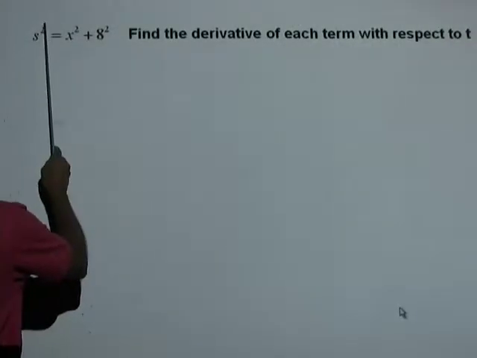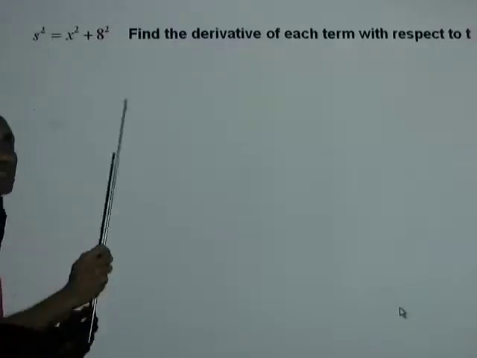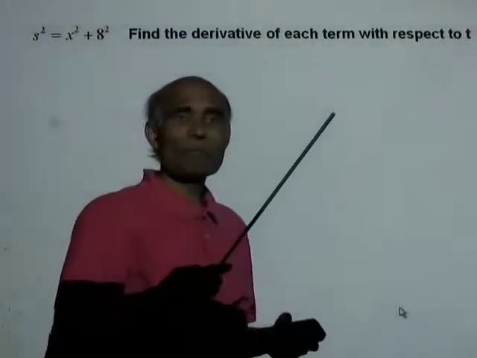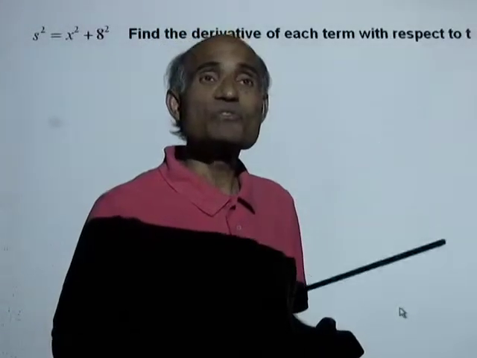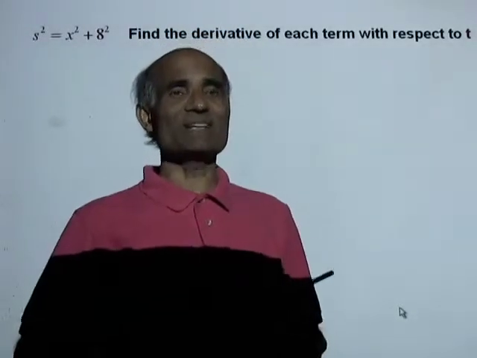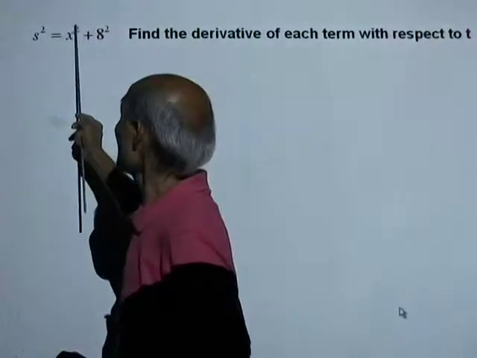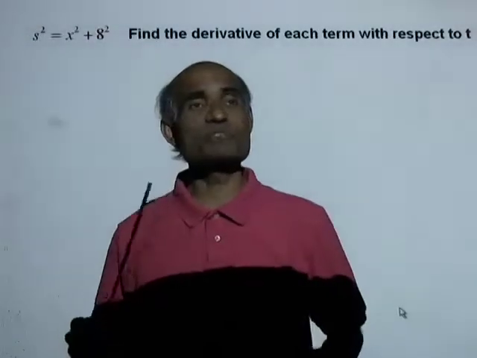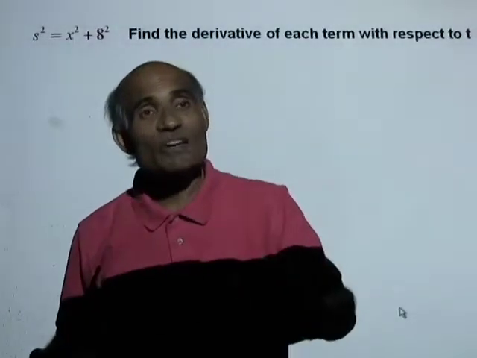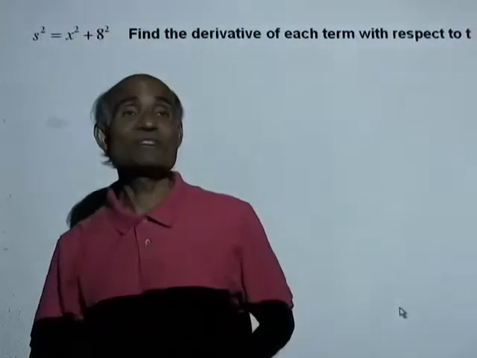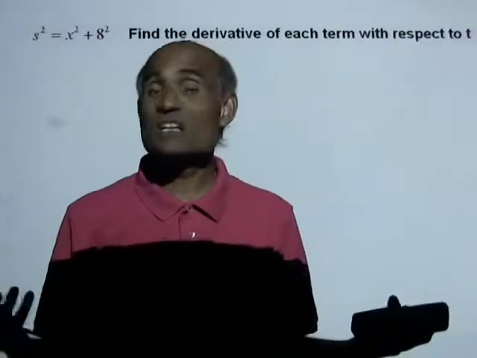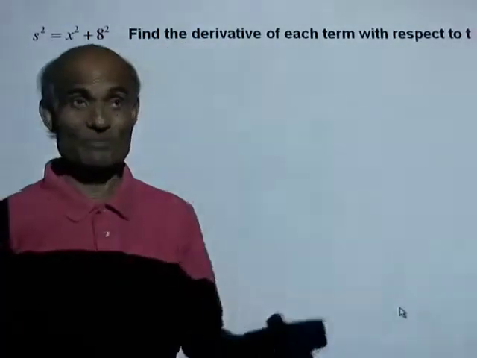What is the derivative of s squared with respect to t? It is 2s ds by dt. The derivative of x squared with respect to t is 2x dx by dt. And the derivative of 8 squared with respect to t is 0.